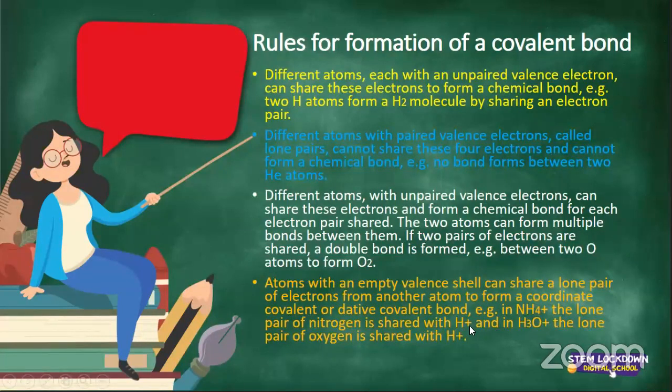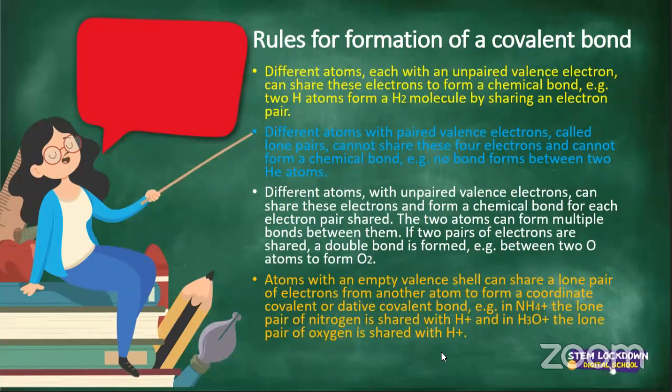And so the other hydrogen ion can join the water molecule and share the lone pairs of oxygen to form the oxonium ion, or hydronium ion. So this is what we call dative bonding. We'll deal with that at a later stage.